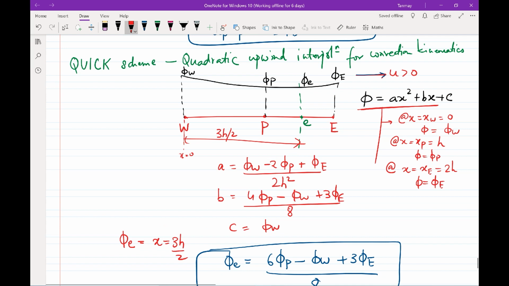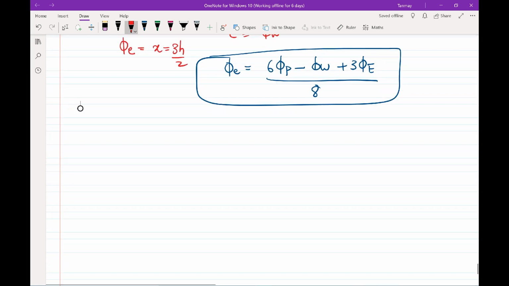Similarly, let us say we had these same points, P, E and W, and if the flow was from right to left, then we had to consider another point, this east-east.